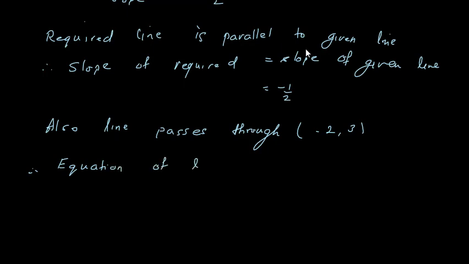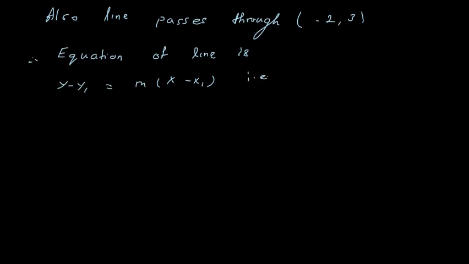So the equation of the line is y minus y1 is equal to m into x minus x1, that is y minus 3 is equal to minus 1 by 2 into x minus minus 2, it will become plus 2.